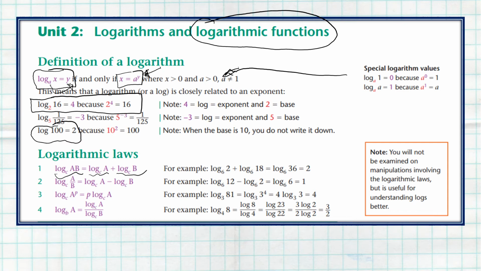For example, if I have log base 6 of 2 plus log base 6 of 18, because we are adding, we are just going to multiply those things. So our base remains 6, then we just say 2 times 18, then it gives us 36, right? So you can just punch that one on your calculator. You'll see your calculator will give you 2.